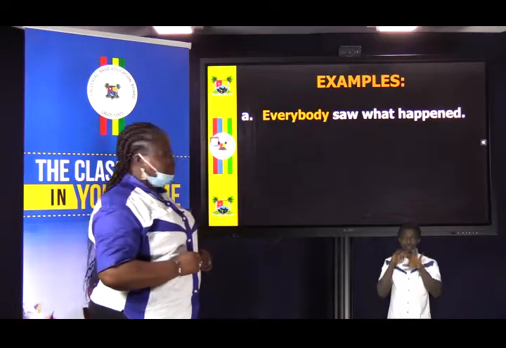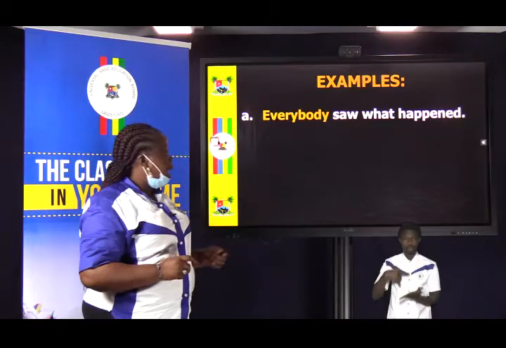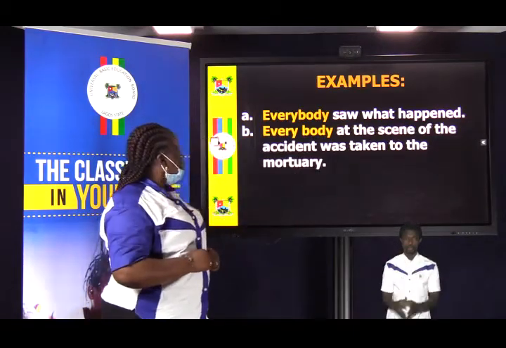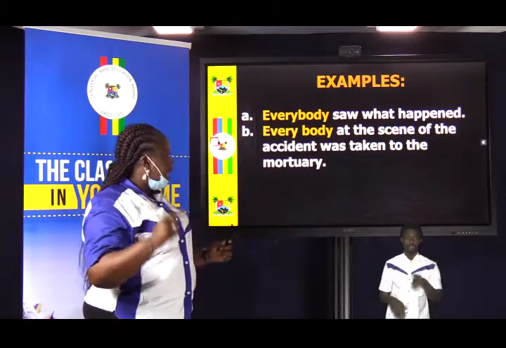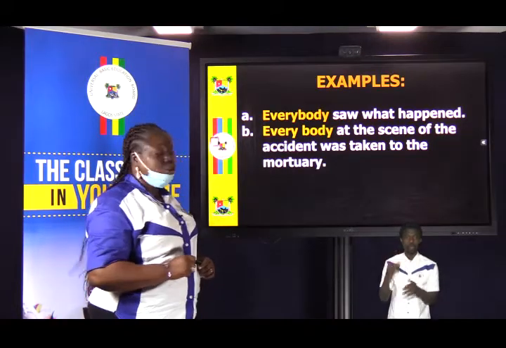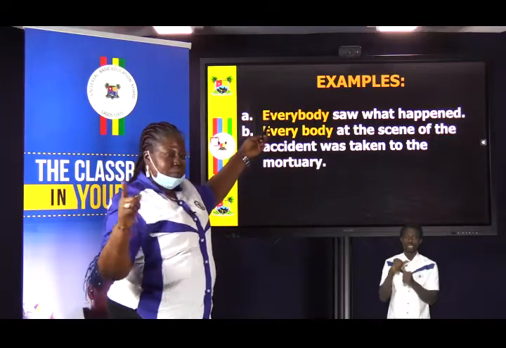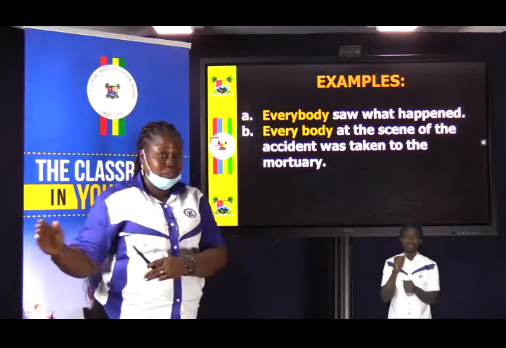Look at this example. Everybody saw what happened. Everybody, one word, saw what happened. Look at this. Every body, two words, at the scene of the accident was taken to the mortuary. The first one is talking about every person, and the second one is talking about every dead body.